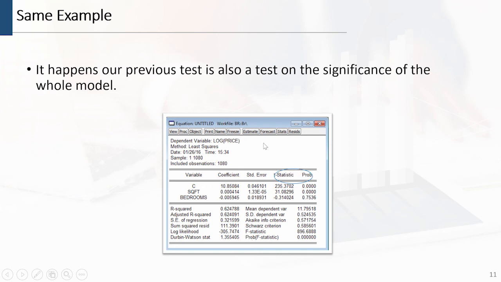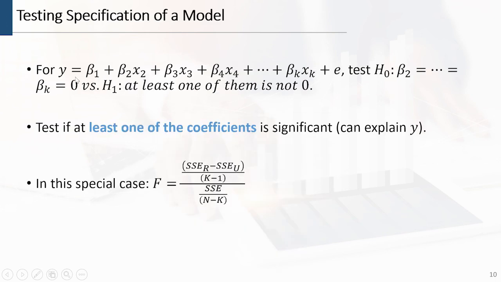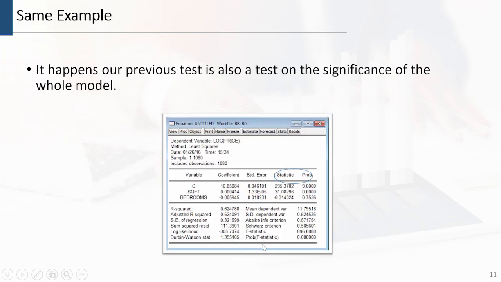So there is something called the F statistic when you do the EViews regression. Maybe the circle is a little bit too high up, but when you run the regression and see something called the F statistic of the model, you may feel puzzled. What does it mean? But here you can see that this F statistic is just the F statistic of this test. So the F statistic of this model is 896 something, and the p-value is about 0.